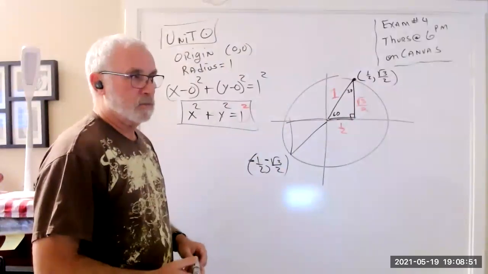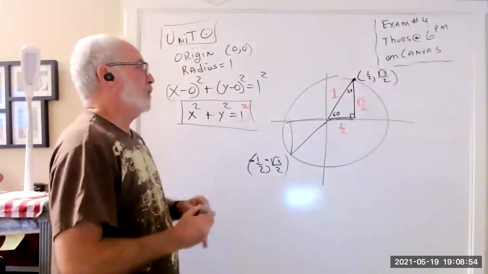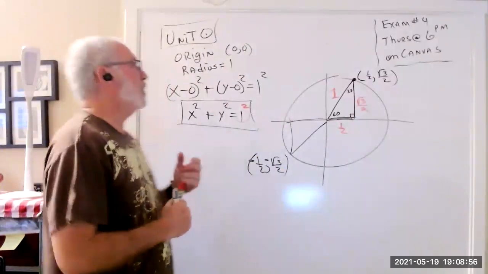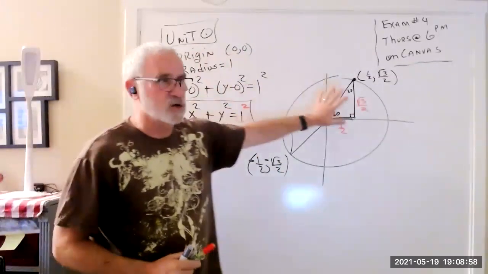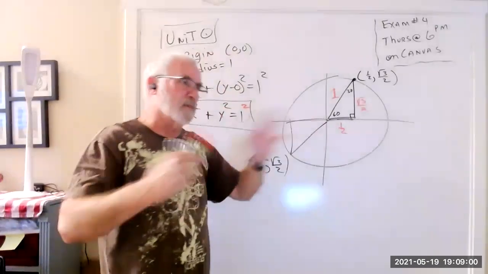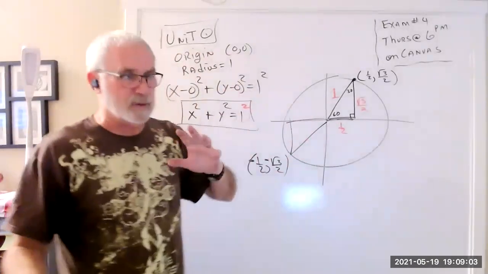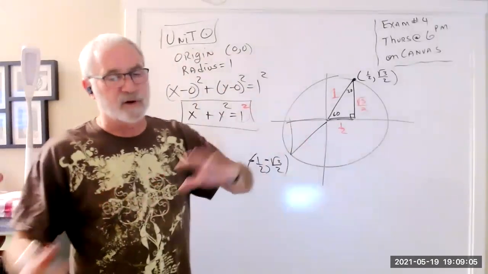Okay, so if you understand the 30, 60, 90 triangles, and you can find all the missing sides of the special triangles, the 30, 60, 90, and the 45, 45, 90.